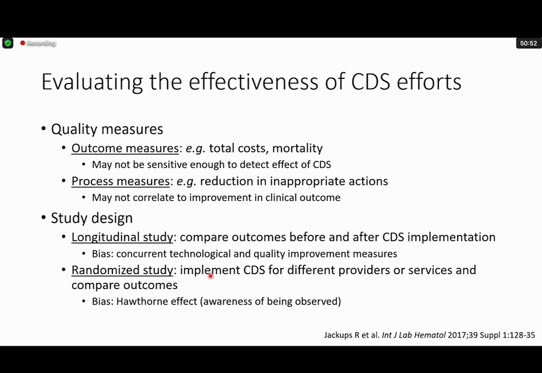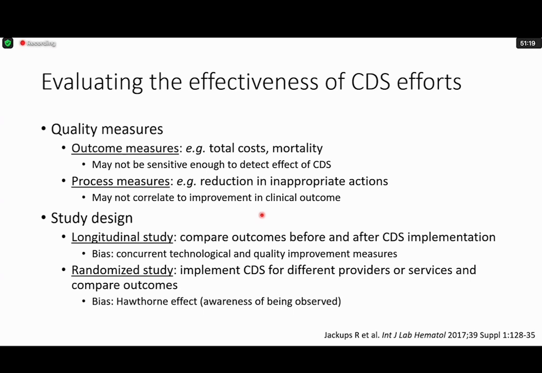You also want to think about the study design. In all practical processes, the longitudinal study is most likely what you're going to end up doing because it's the least resource intensive. Basically, you put in an intervention and then you measure outcomes both before the intervention and after the intervention.